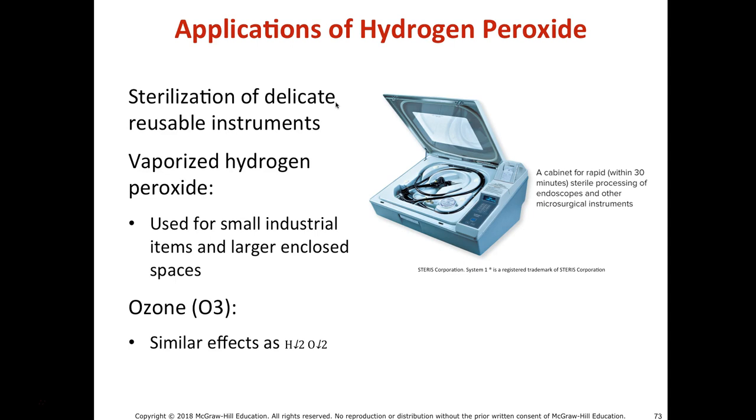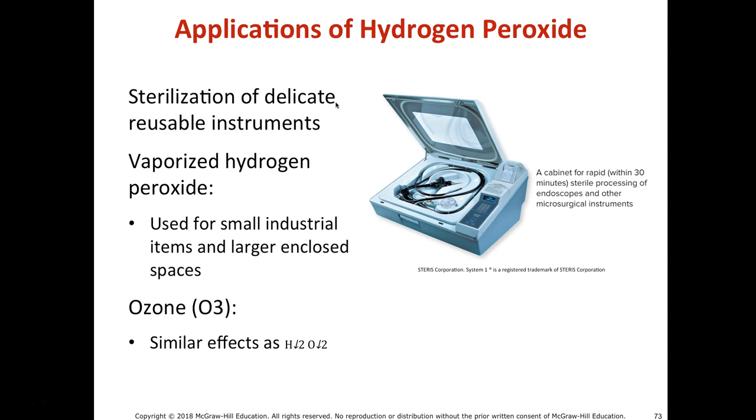I apologize. So the next thing we need to mention is that we can also use hydrogen peroxide for sterilization of our delicate reusable instruments. The reason we want to do this is because these instruments are very expensive, in the tens of thousands of dollars. And so we can put them into something known as a low temperature sterilizing cabinet that you see pictured here to the right.